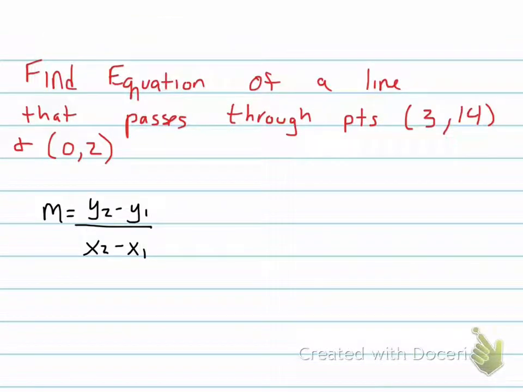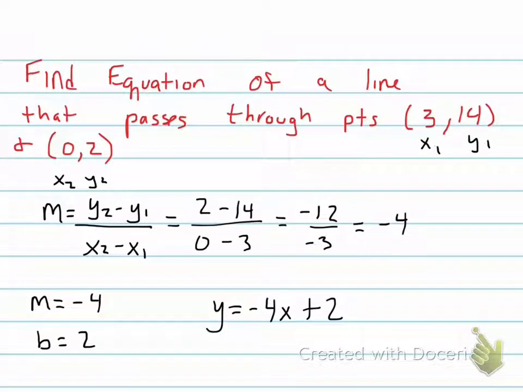So you guys try. Find the equation of a line that passes through points (3, 14) and (0, 2). I'll pause here. So here is the work to get your answer. I solve m using my slope formula, and I get b.